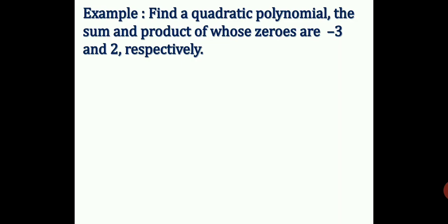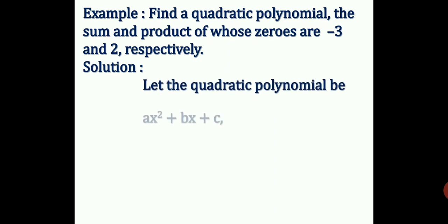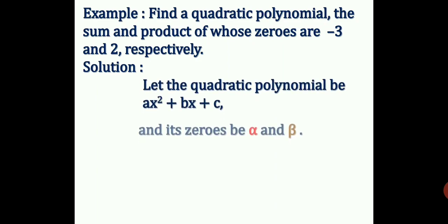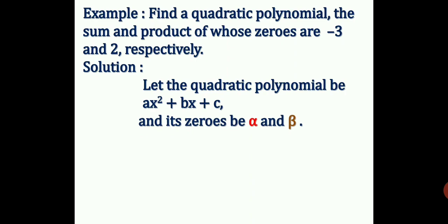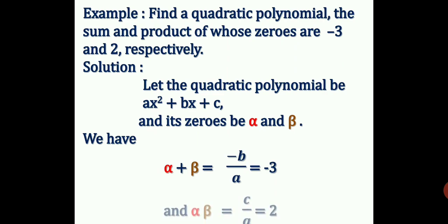So there are two zeros, alpha and beta. We are given that alpha plus beta is equal to minus 3 and alpha into beta is equal to 2. We know that alpha plus beta is equal to minus b by a, which is minus 3, and alpha into beta is equal to c by a, which equals 2.